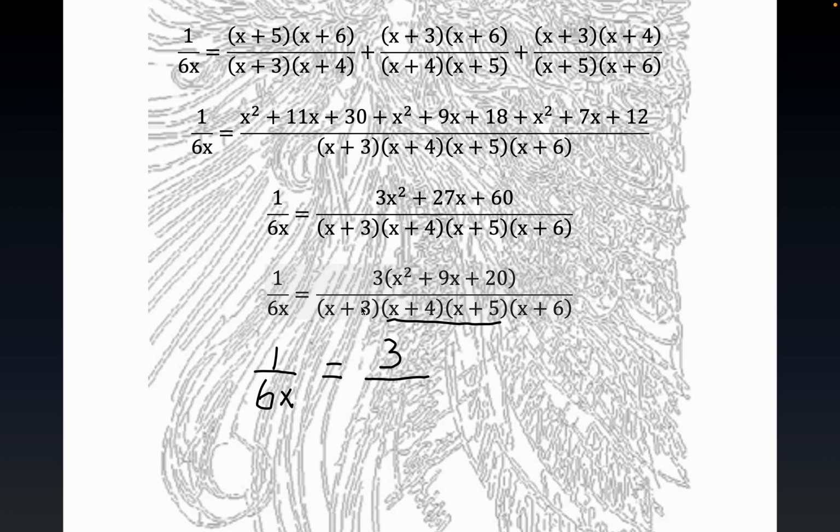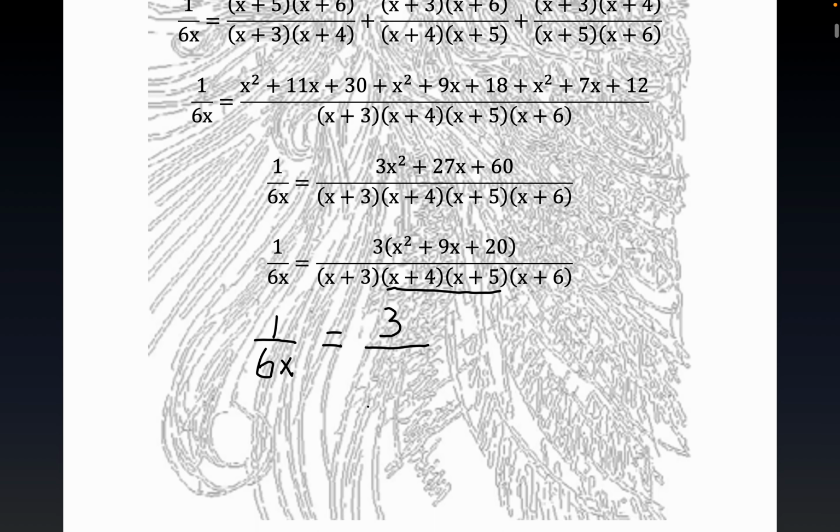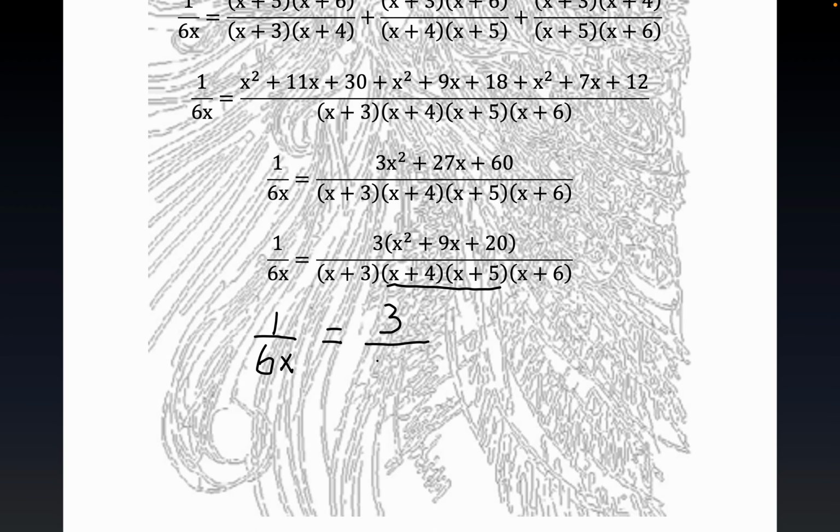So rather than write down x plus 3 times x plus 6, I'll write down x squared plus 9x plus 18. Again, folks, this x plus 4 times x plus 5 canceled with the parenthetical expression directly above it. X plus 3 times x plus 6 gives you this.